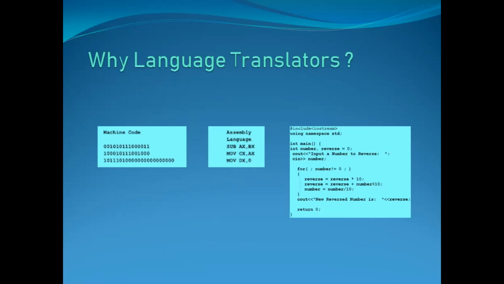That's why a computer can understand only code written in machine language, the language of zeros and ones. All other languages use English-like words and sentences, so they are not understandable by the computer, and that's why we use language translators for those languages.